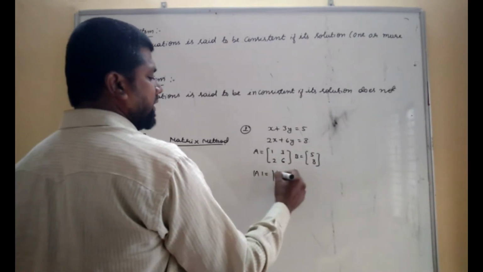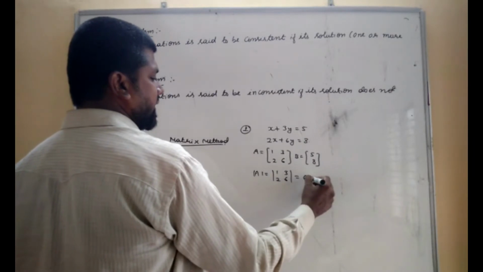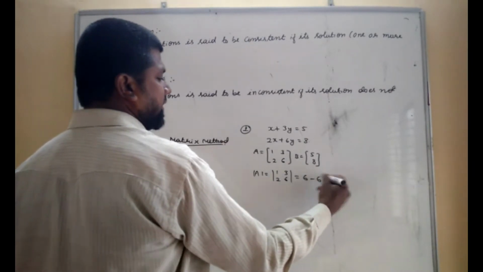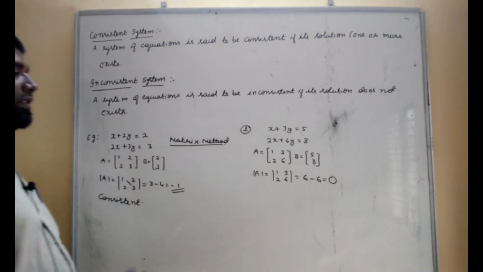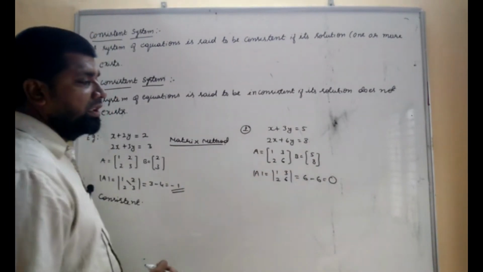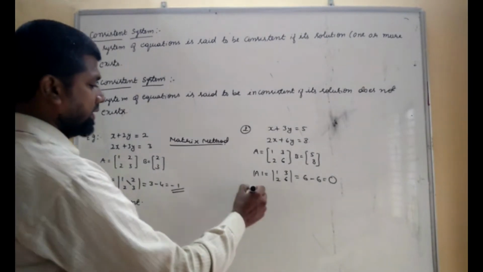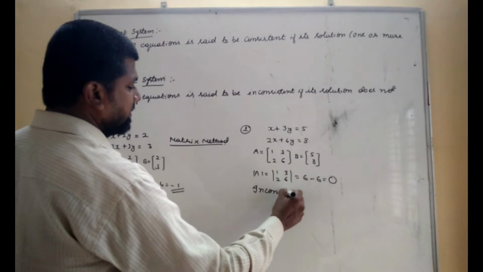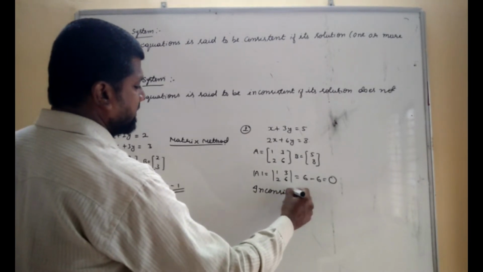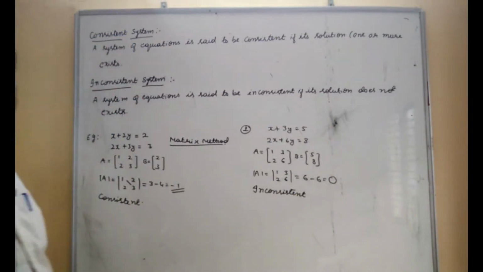Then 1 into 6 is 6, then 3 2s are 6, means the value of the determinant is 0. So if the value of the determinant we are getting by solving the linear equation is 0, it is called an inconsistent system or inconsistent linear equations.